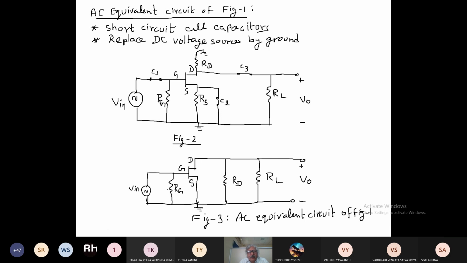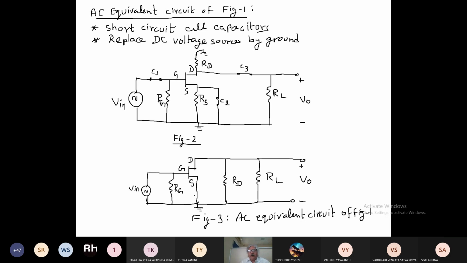So if it is very high, then all the V in is available between gate and source, because RG is very high. Okay, right. So now what we will do?